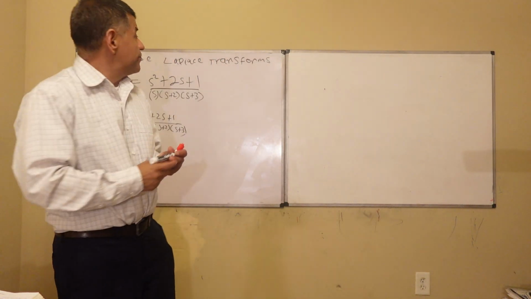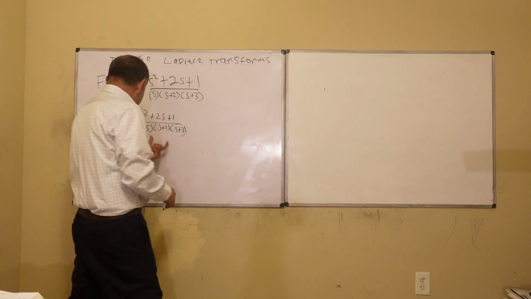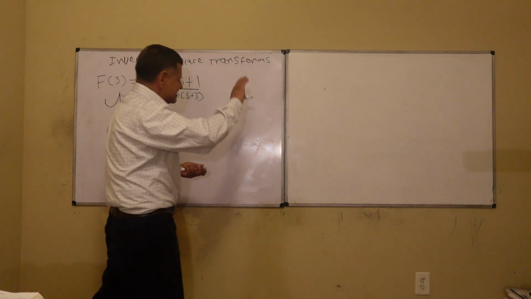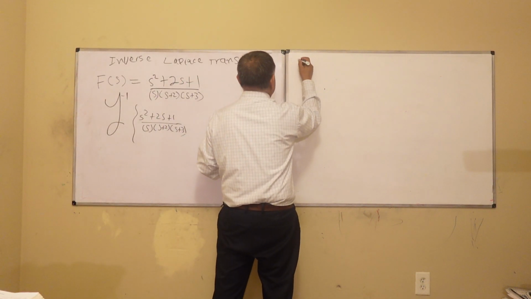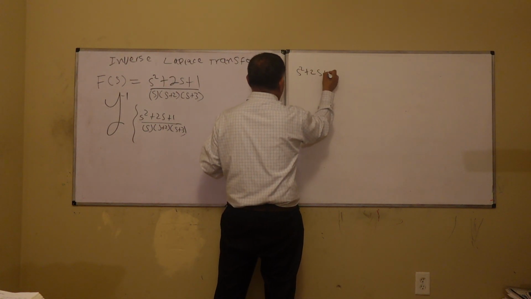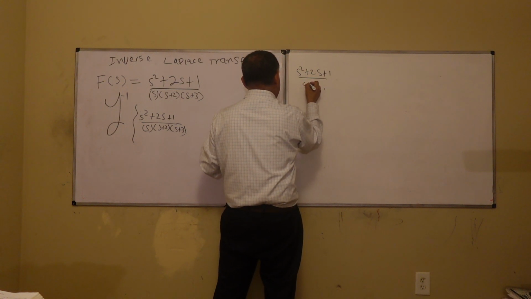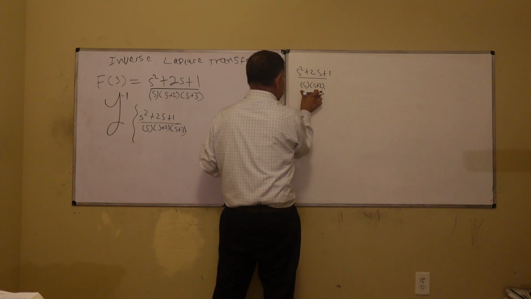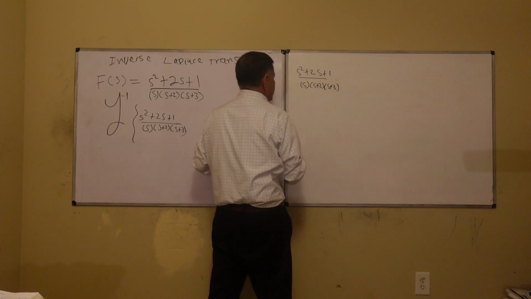What I need to do is put this guy on the left side, get rid of the denominator, and also write the other side in terms of A, B, and C. So let's do it. s squared plus 2s plus 1 over s times s plus 2 times s plus 3, right?